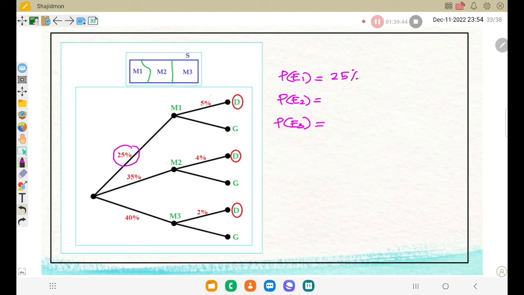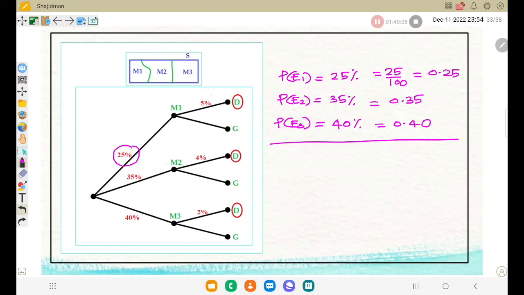That means 25 divided by 100, need to change into probability, so divide by 100, 0.25. Probability of E2 means 35%, that means 0.35. E3 means 40%, that means 0.40, correct?